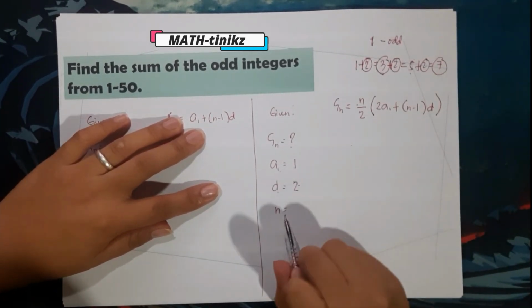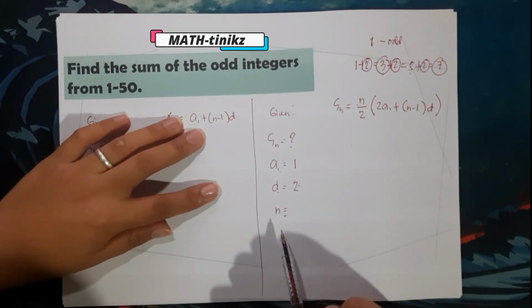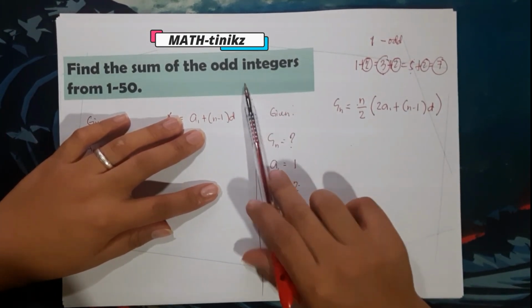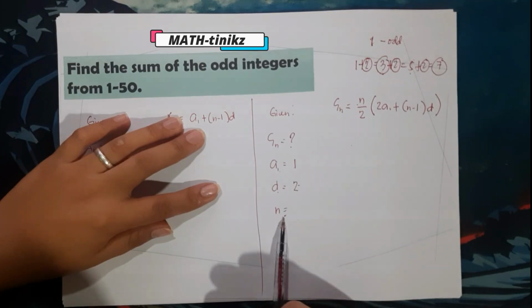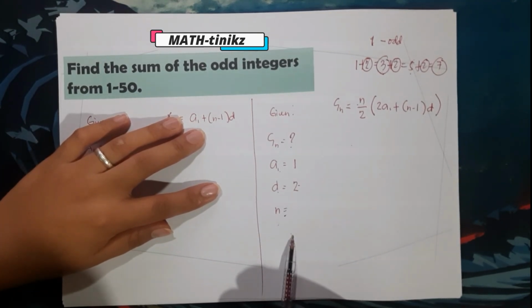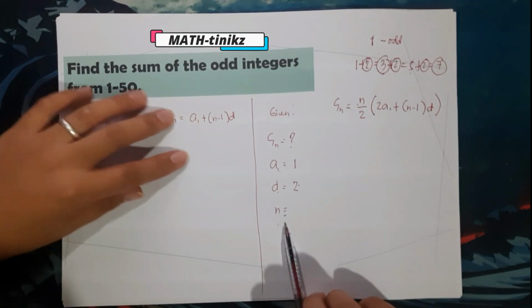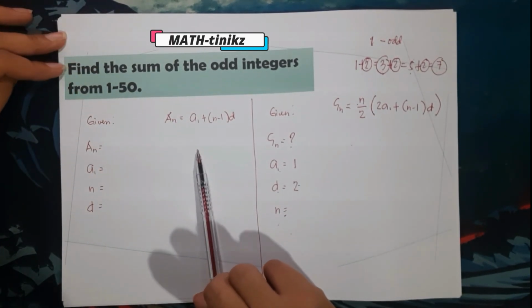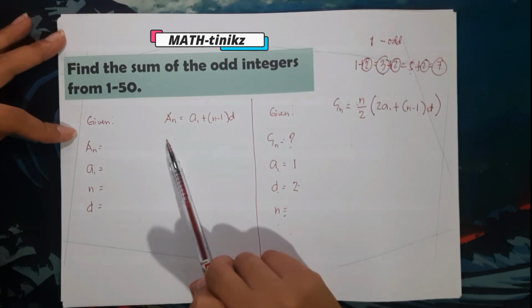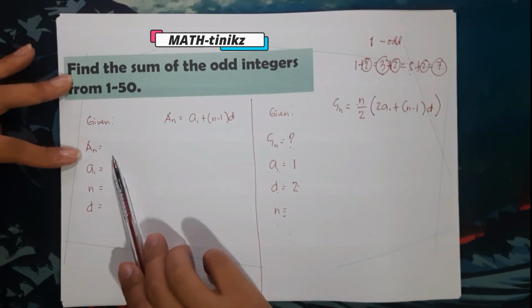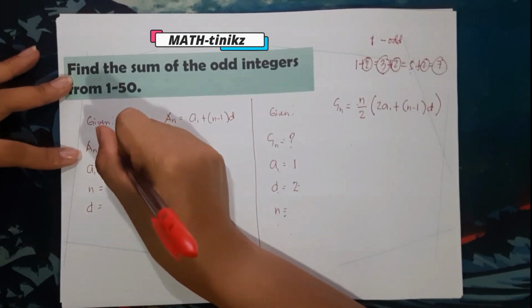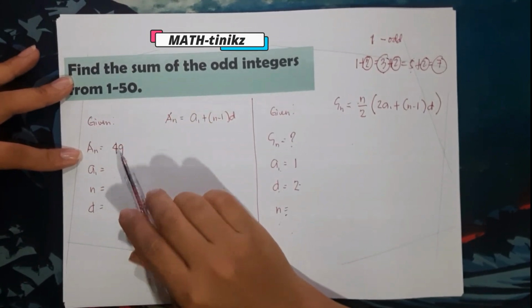Now, the number of terms. The number of terms here is not given in the problem. So, therefore, we cannot solve the sum without the number of terms. We're going to use the arithmetic sequence formula again. Now, the given for the last term is 49. Why 49?